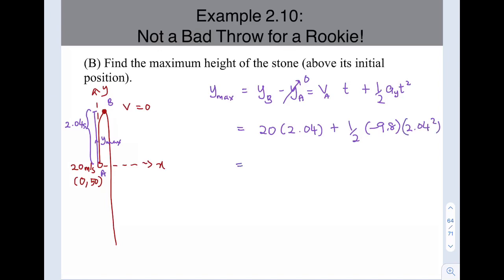Then you are going to have 20.4 meters as the maximum height. From this information, it is 20.4 meters.